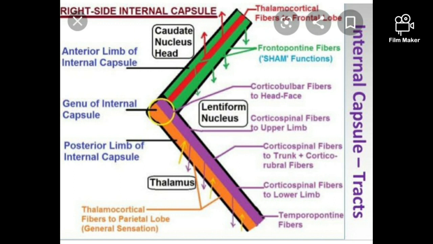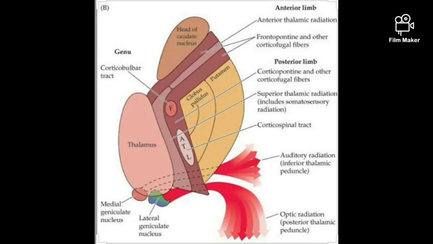The fibers present in the genu are two fibers connected to the cortical region, which we call the corticonuclear fibers as well as the corticoreticular fibers. Next, the fibers present in the posterior limb are mostly connected to the cortical layer as well as the pontine layer and the thalamic fibers.